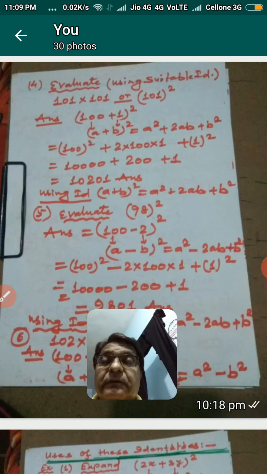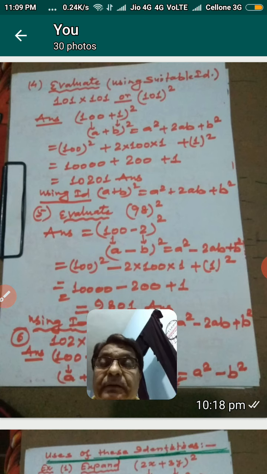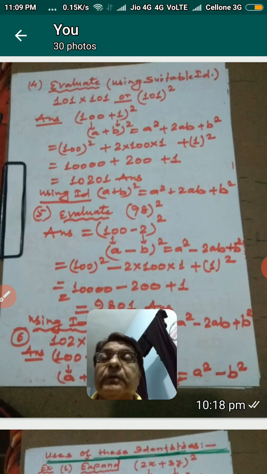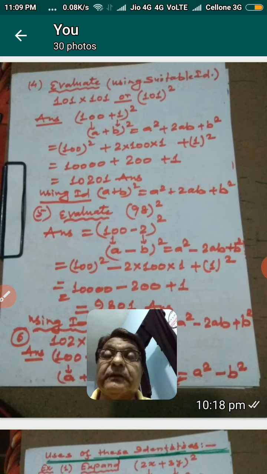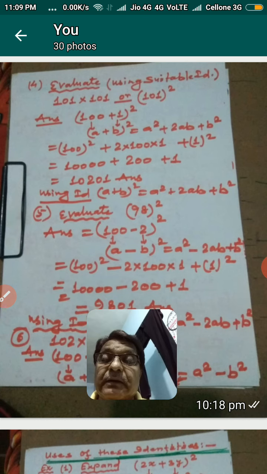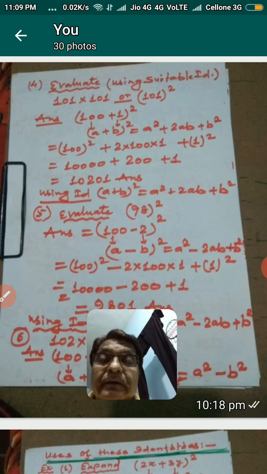You know 101 is nearest to 100, so in lieu of 101, by splitting it, taking the nearest zero-containing number, 101 is equal to 100 plus 1, whole square, because these are multiplied 2 times, it means whole square. So 101 into 101 is actually 101 whole square, and for 101 we take 100 plus 1, making it a whole square.